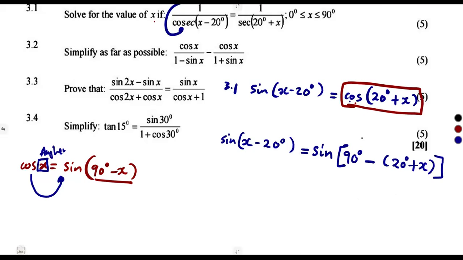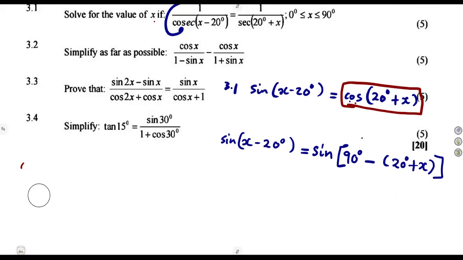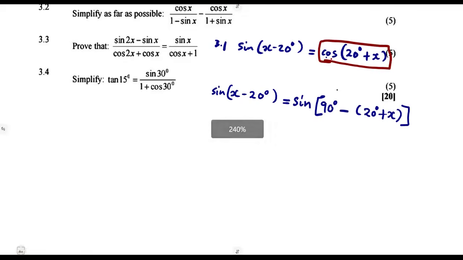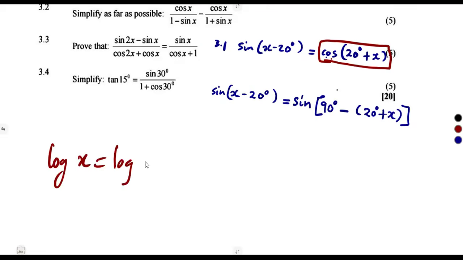All right. Remember, guys, your identities, as we have in mathematics, it's all about identities. Since we have a sine here and a sine there, it's just like being given a log of x and a log of 3. Showing that we've got the same base, we can cancel the log and say x is equal to 3.